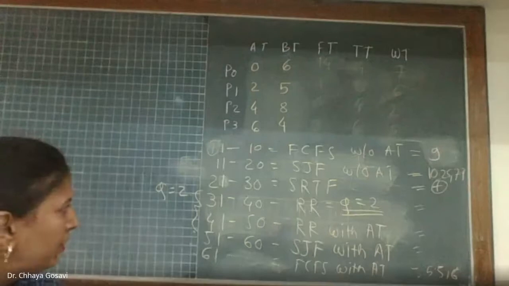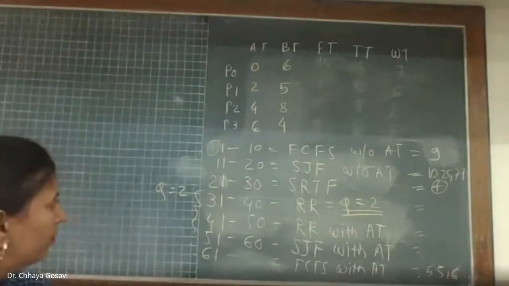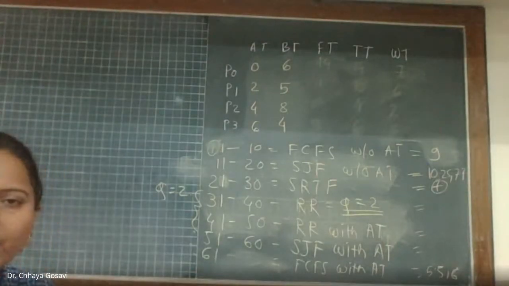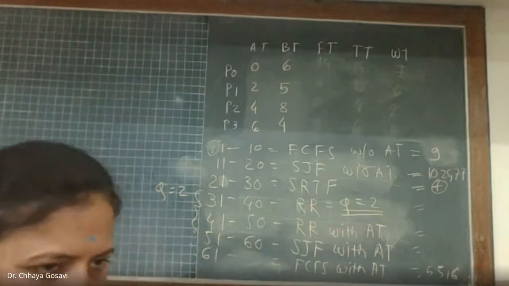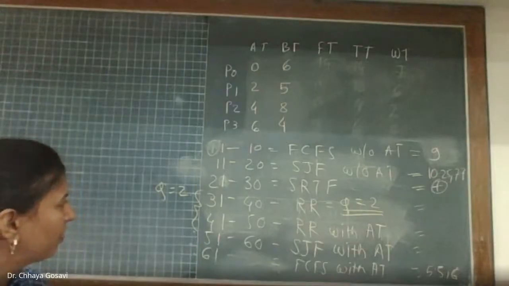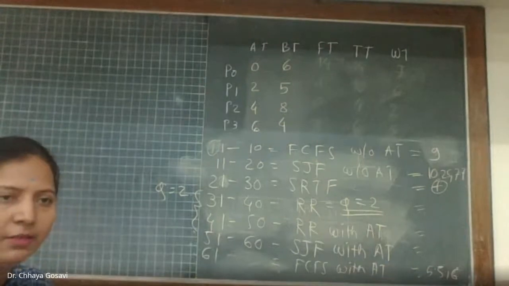Nisha, roll number 32, SRTF. In SRTF, you have to consider arrival time. Ma'am, I solved by round robin. You solved with round robin. So with arrival or without arrival? Without arrival.